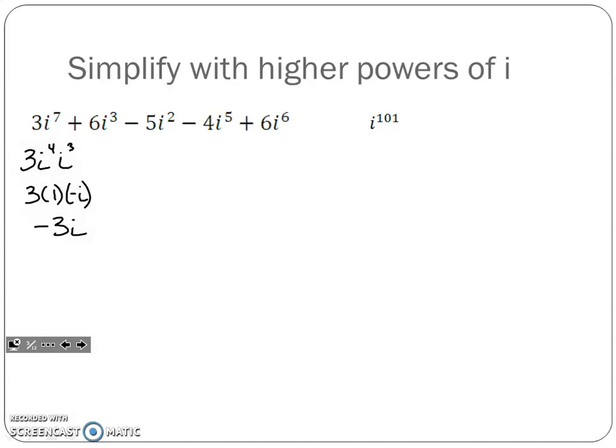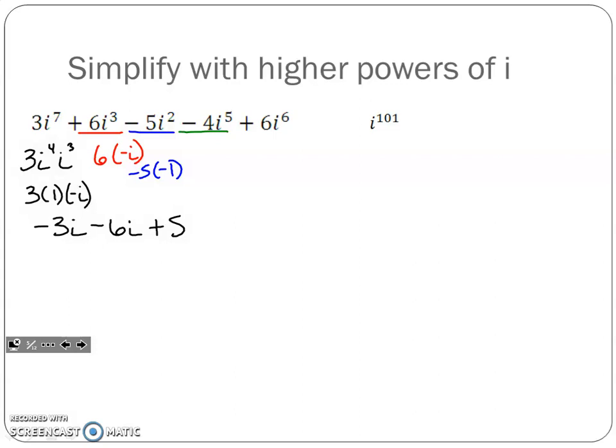Then I've got a plus 6i cubed. Well, i cubed is really a -i, so I've really got a minus 6i. Next one, I've got a -5i squared. We know that i squared is -1, so -5 times -1 gives me a +5.